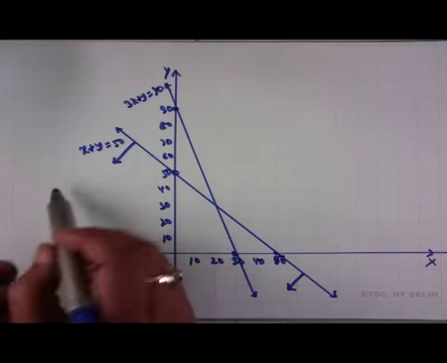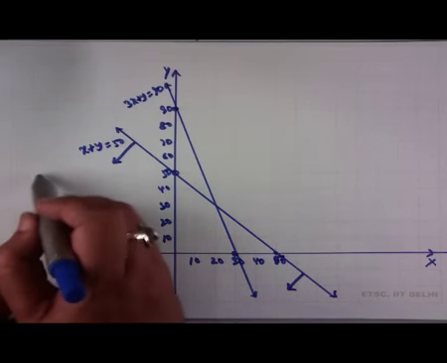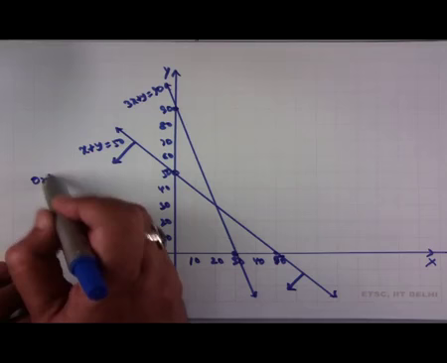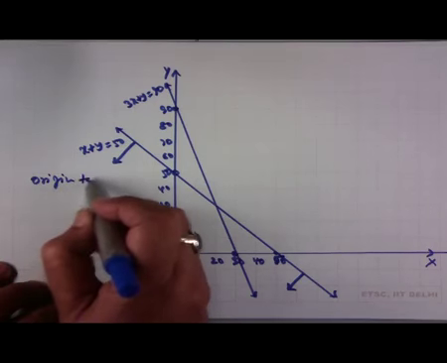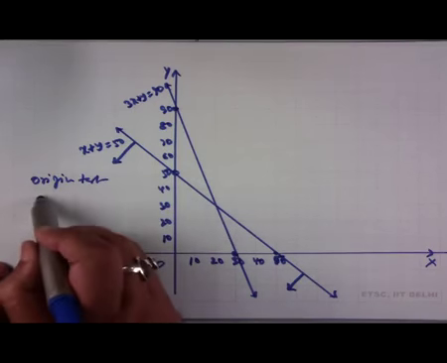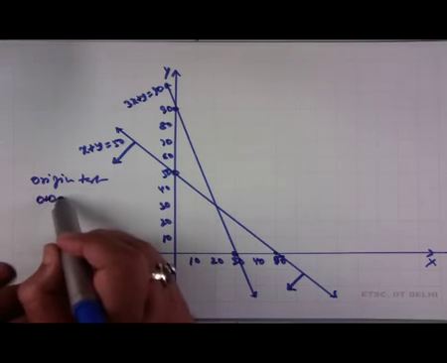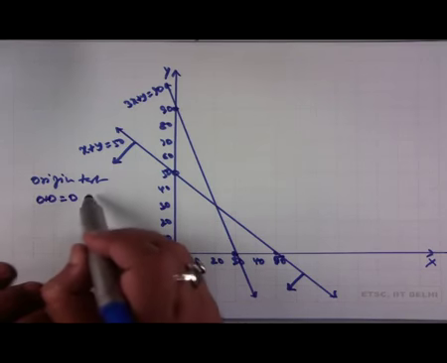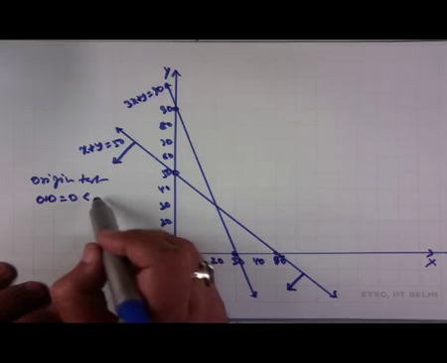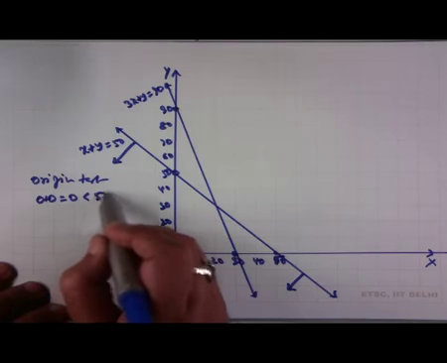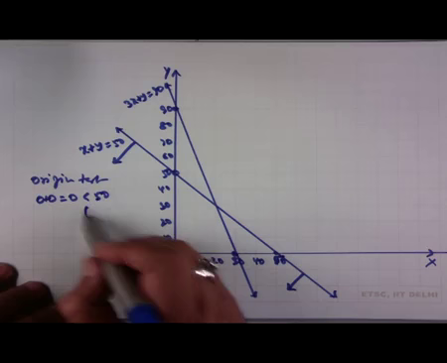So again origin test means 0 plus 0 equal to 0 is less than 50. So this is true.